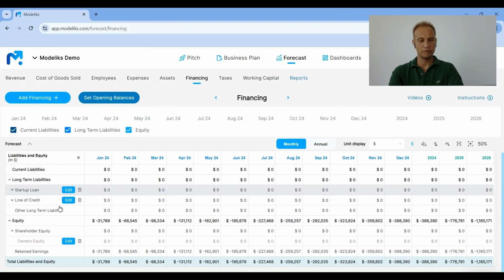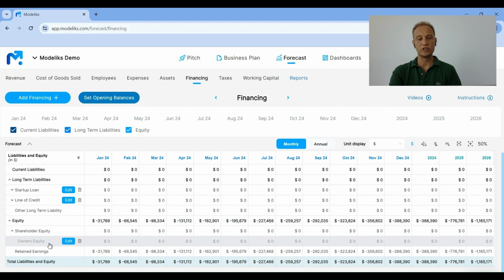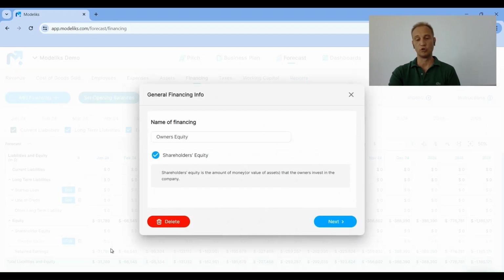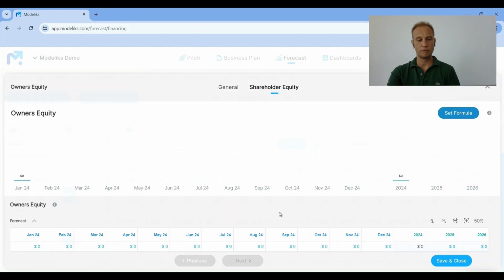So that takes us to financing. In financing, we'll have two things. First thing is the owner's equity, or the investment that you as a restaurant owner will make into the restaurant. So let's say that you're prepared to invest $100,000 into your restaurant in the first month of our plan.